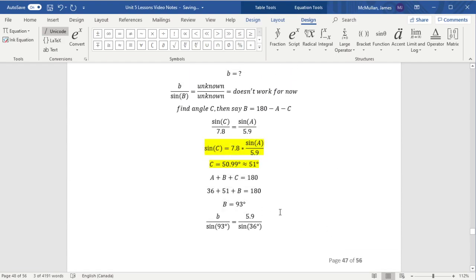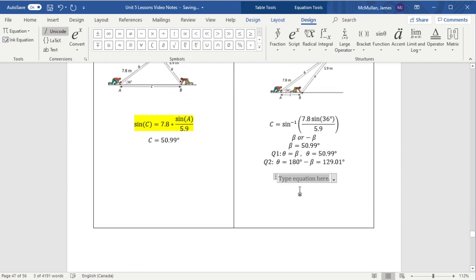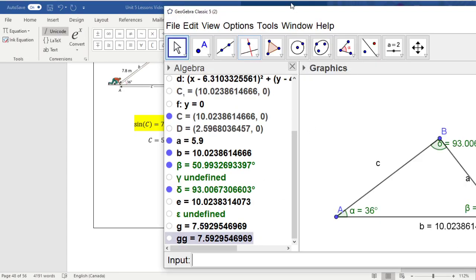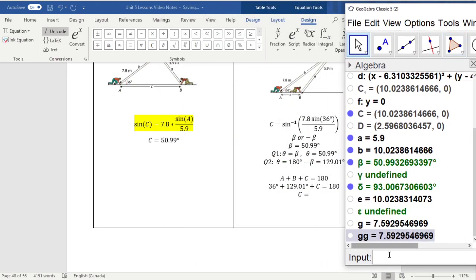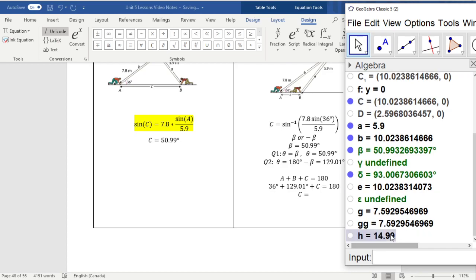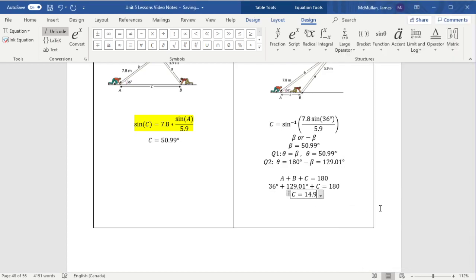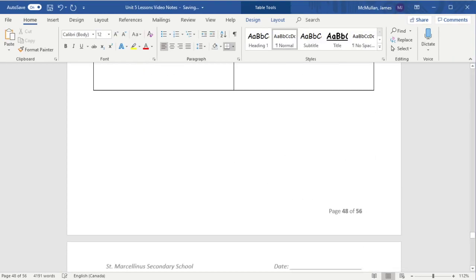If this is what would happen, how would the question be different? We said A plus B plus C is 180. A didn't change. That was Albert's angle. B did change, to 129.01. In this version of the triangle, C is 180 minus 129.01 minus 36, which is 14.99 degrees.